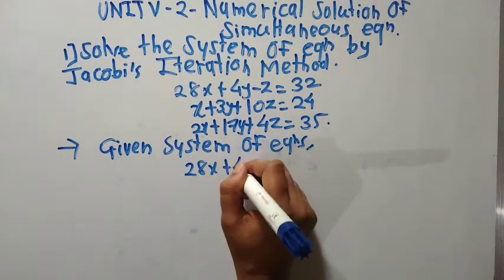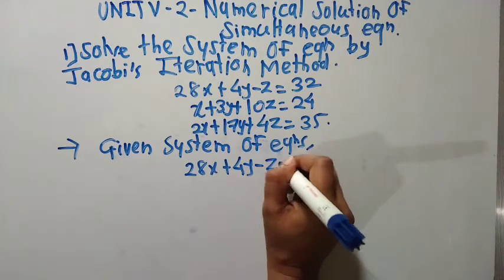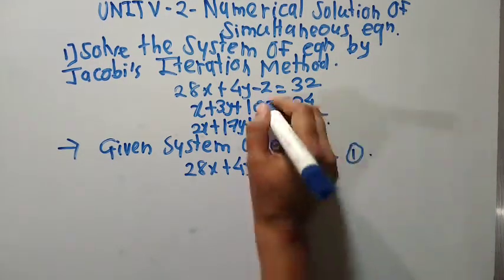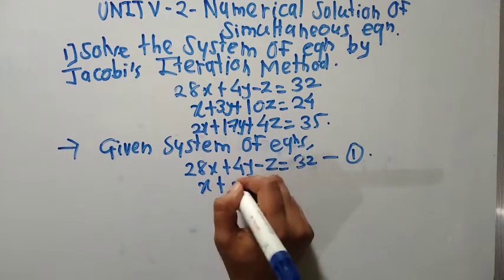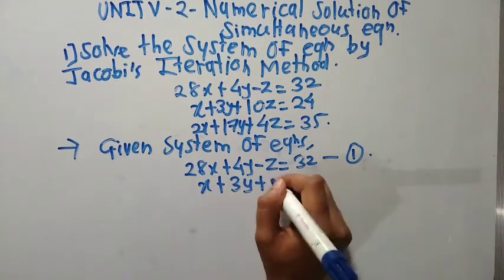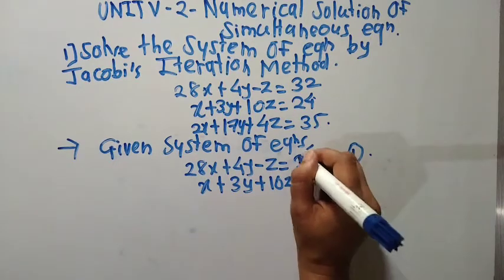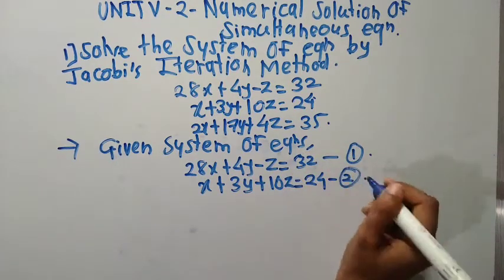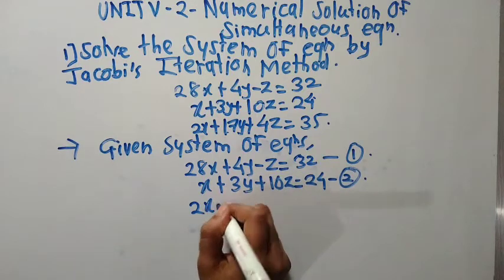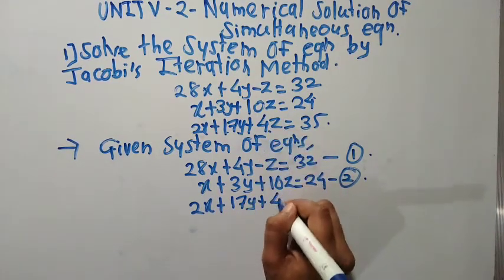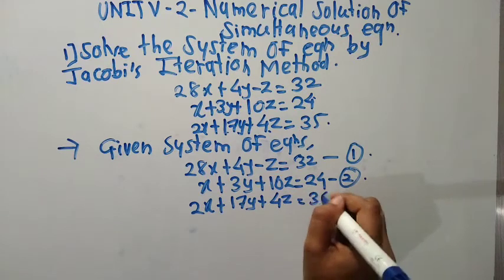28x plus 4y minus z is equal to 32. Then x plus 3y plus 10z is equal to 24, and 2x plus 17y plus 4z is equal to 35.